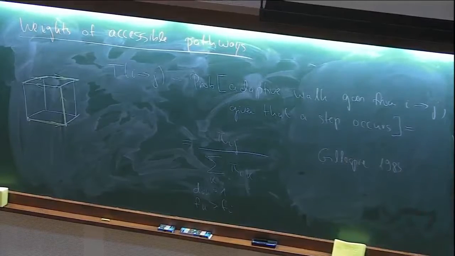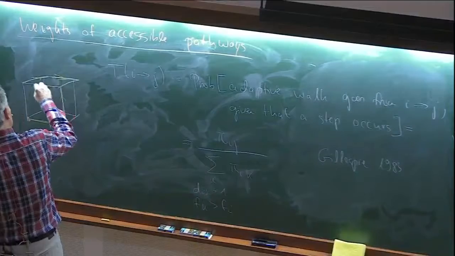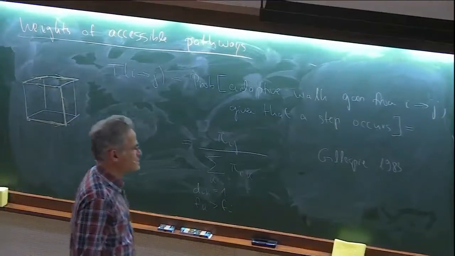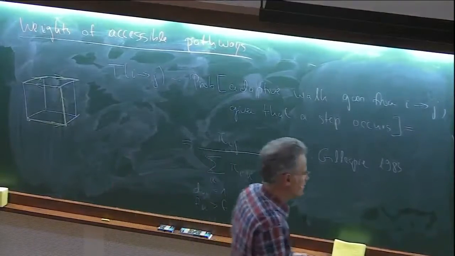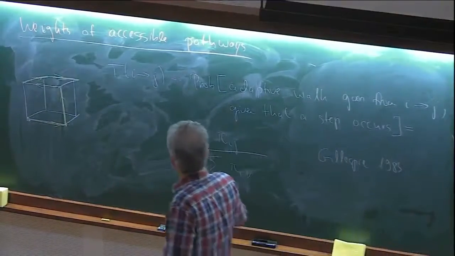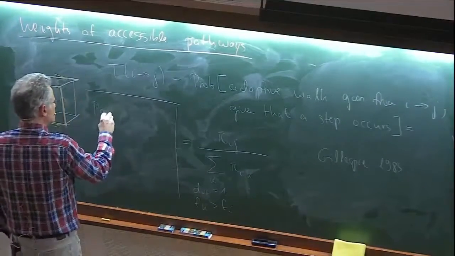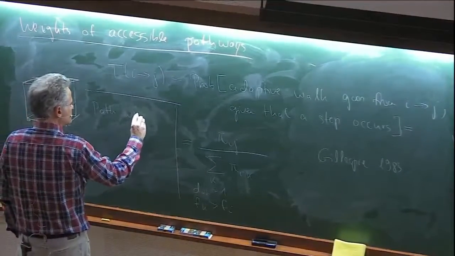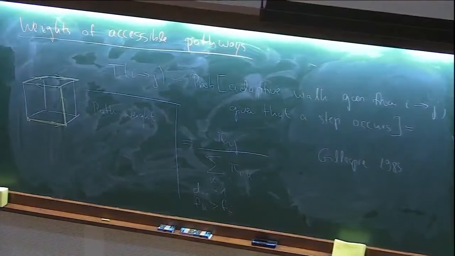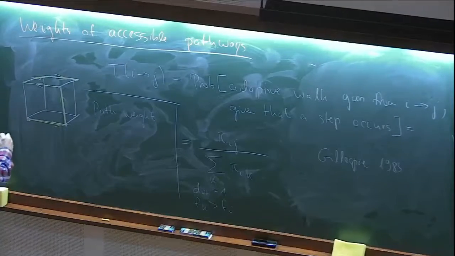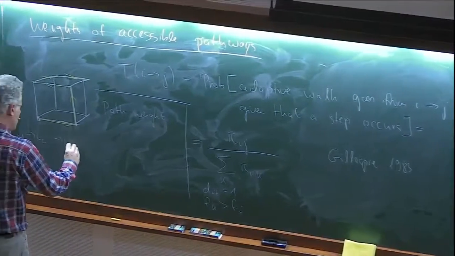And with this, now for each such path, you know the probability that each particular step is taken. And so now you can just define a path weight by taking the product over these transition probabilities. So suppose I have a path going from i_1 to i_2 and so on up to i_L.